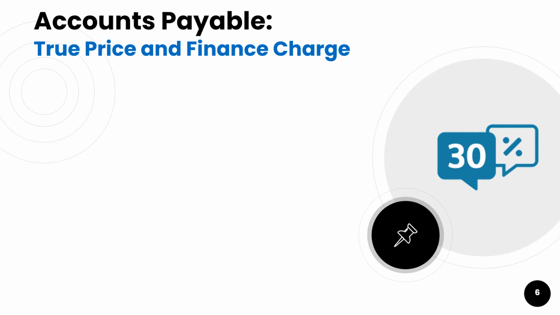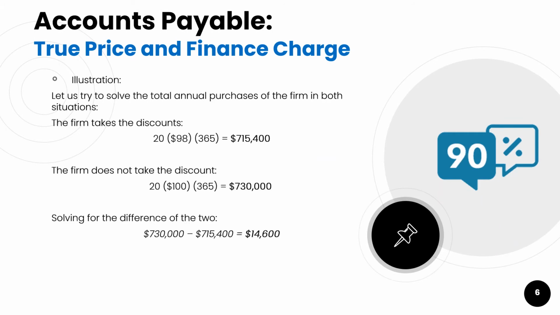Now, we will solve to determine the cost of this additional credit. Let us try to solve the total annual purchases of the firm in both situations. First, the firm takes the discounts. 20 chips times $98 times 365 days is equal to $715,400.